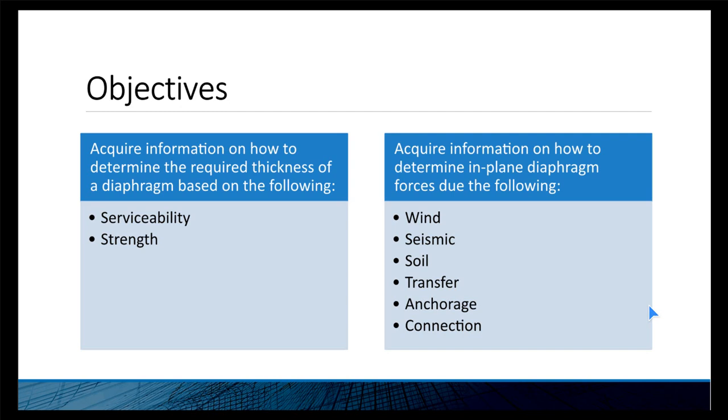Then after that, we're going to get into how to determine the in-plane diaphragm forces due to all of those different effects shown on the right-hand part of the slide. So we'll spend very minimal time on wind, a little more on seismic, especially in case you haven't seen the new procedure, how to determine the diaphragm force, which is an alternative that popped up into the 2022 edition of the ASCE 7.